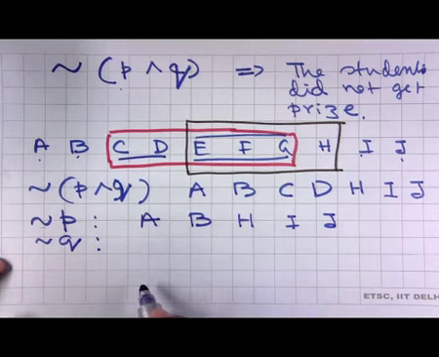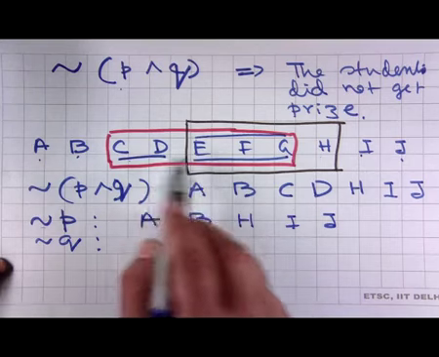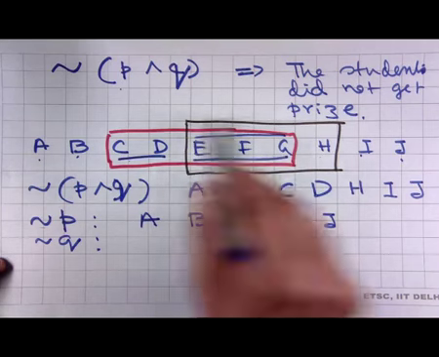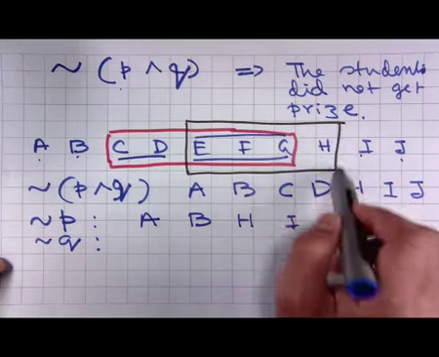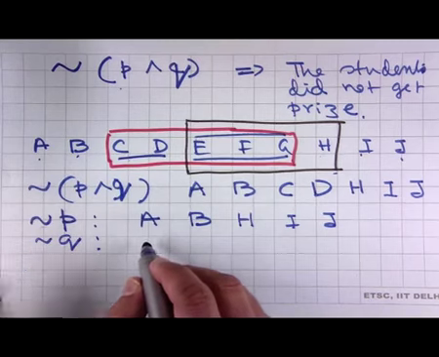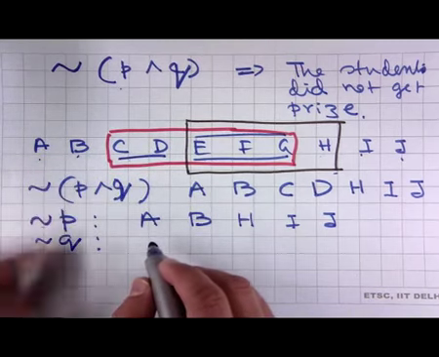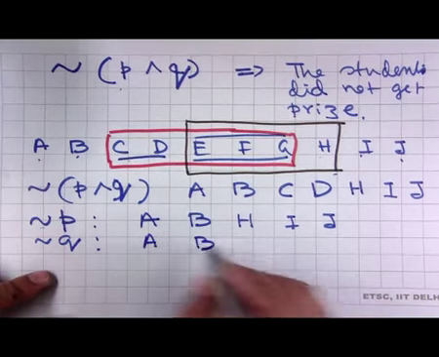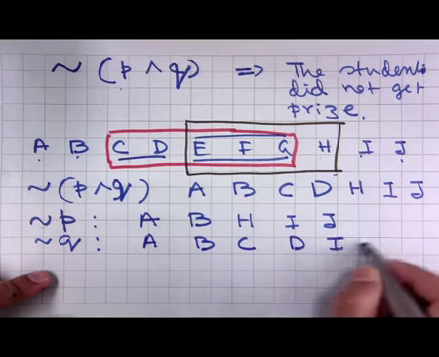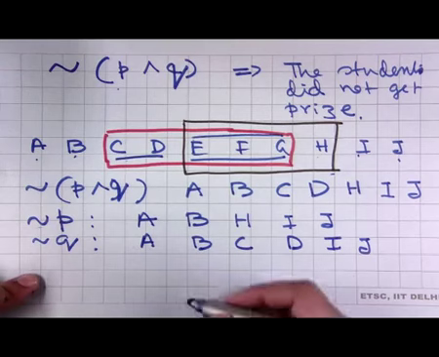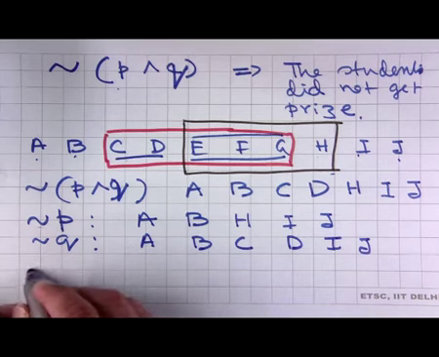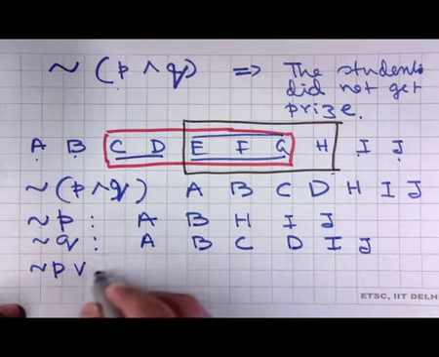It is the set of students who did not get 95% in computer science. And if the black rectangle gives us the students who have got 95% in computer science, then the truth set for negation of Q is A, B, C, D, I and J. What is the union? Or if we look at what is not P or not Q.